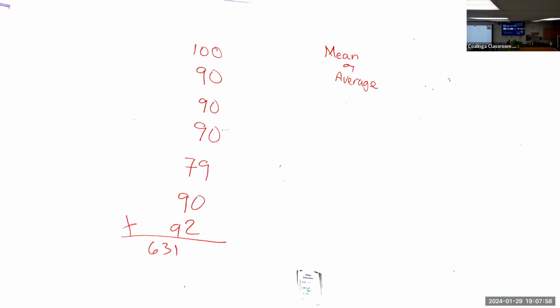Okay, and then we have 7 numbers, so we have a total of 7 grades. And so we would just go 361 divided by 7. And this would be my average, or my mean.